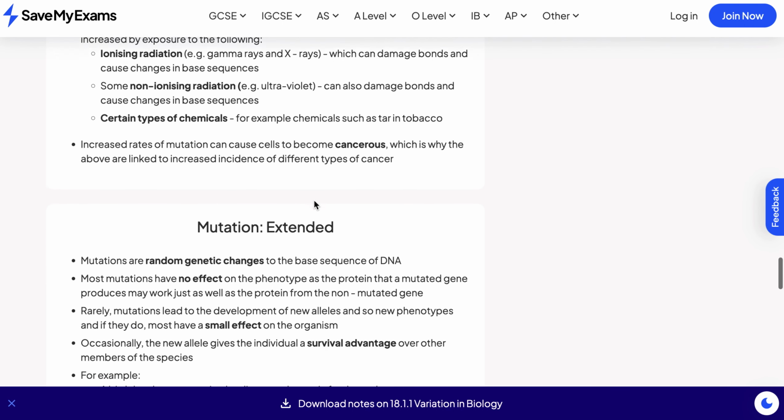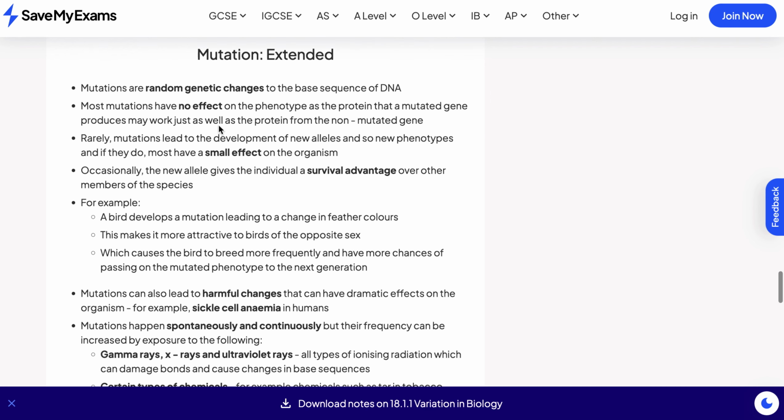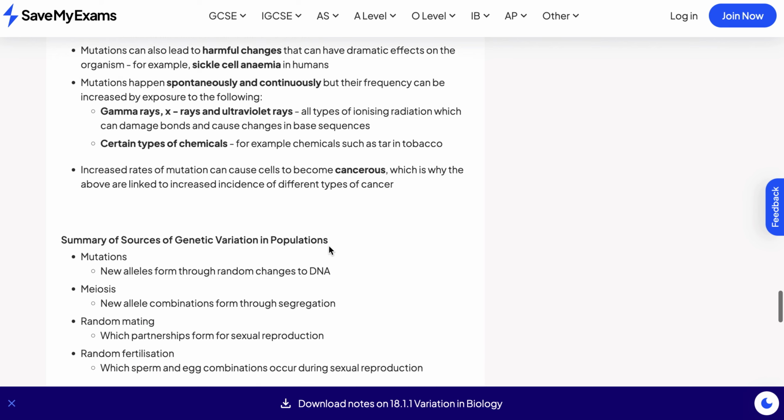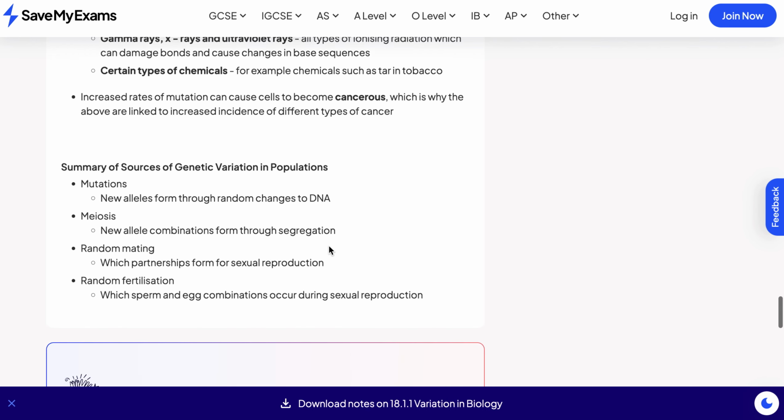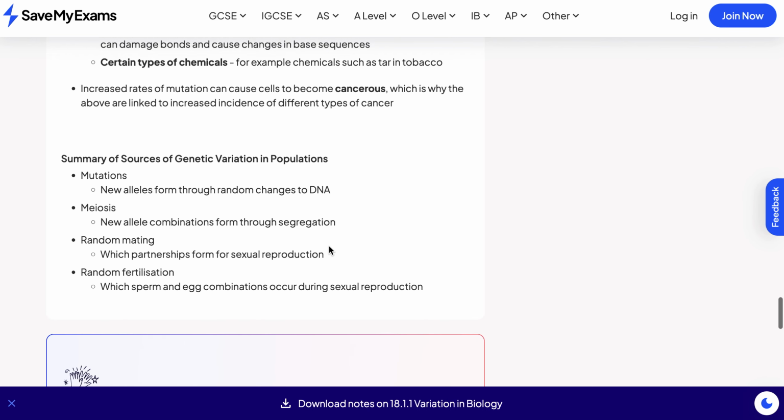It's the same for the extended syllabus. It's almost everything that we have highlighted, except that we need to take a summary of the sources of genetic variation in a population. One is mutation.